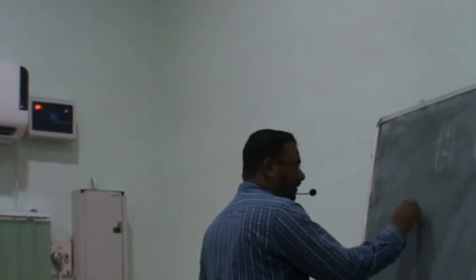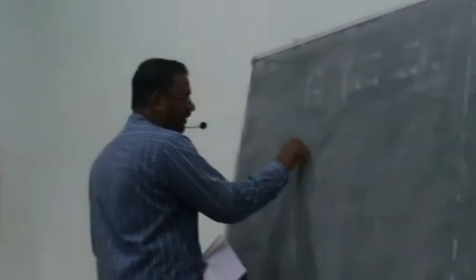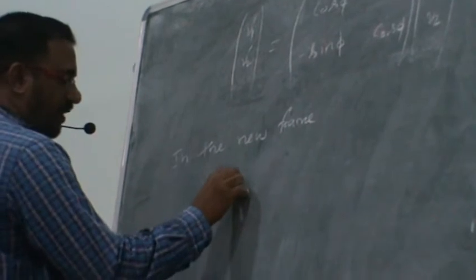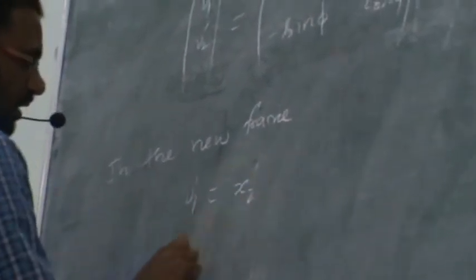So let me do this. In the new transformed coordinates, the new frame of reference, v1 prime is equal to x2 prime, v2 prime is equal to minus x1 prime. Now what is x2 prime?